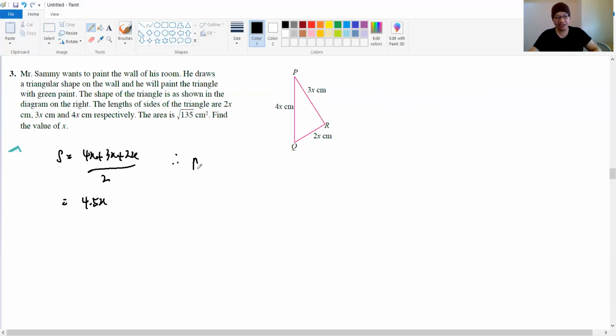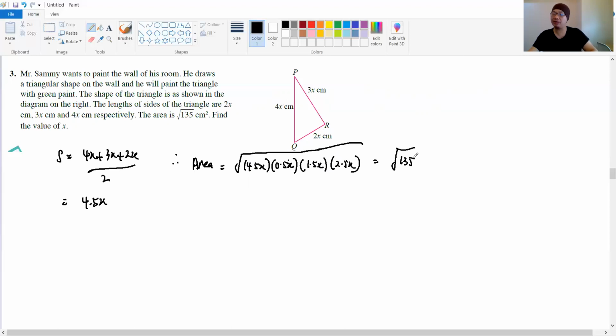And then your area will be a big square root, 4.5x, don't forget, and then 4.5x minus 4x, it will be 0.5x, 4.5 minus 3, 1.5x, 4.5x minus 2x, it will be 2.5x. Equals to, the area is already given, set of 135.